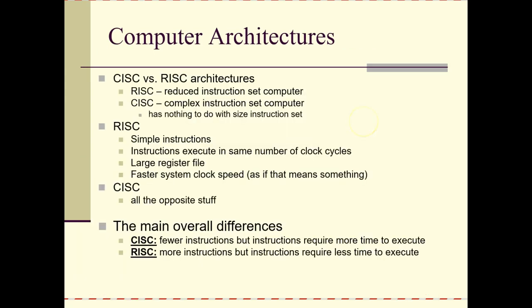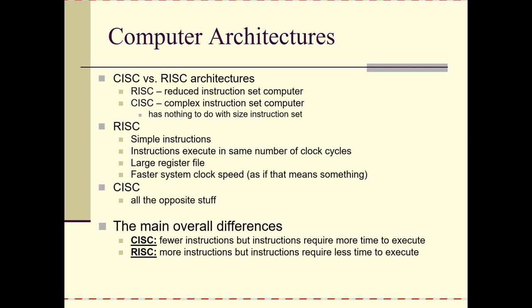The other notion that we deal with often is RISC versus CISC. Obviously RISC-V is a RISC processor, but we haven't really talked about what that is. RISC stands for Reduced Instruction Set Architecture, and it's very misleading. There are also CISC architectures out there, complex instruction set architecture.